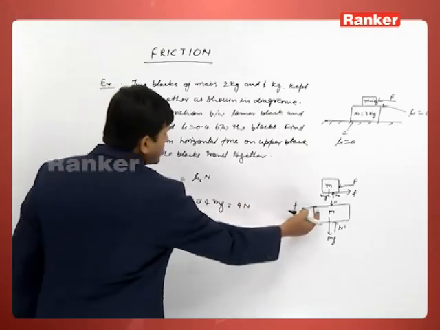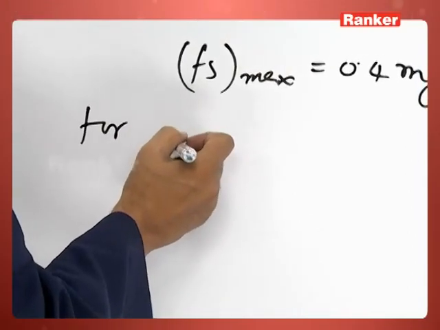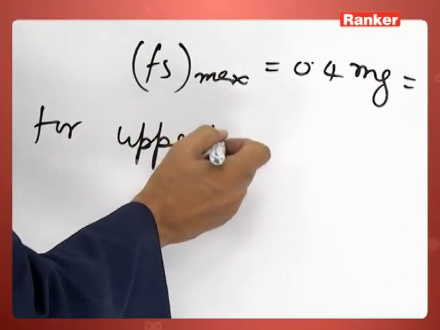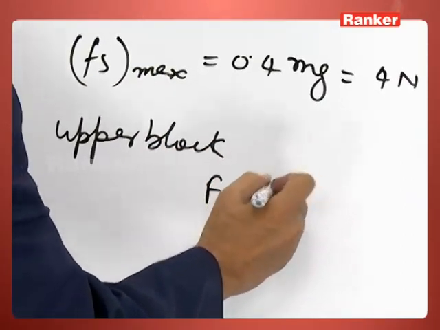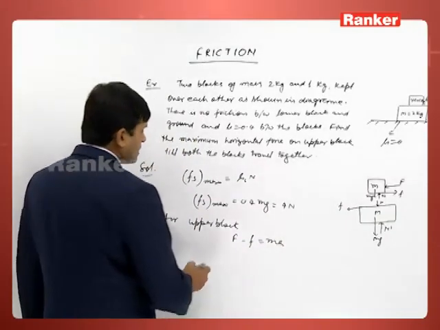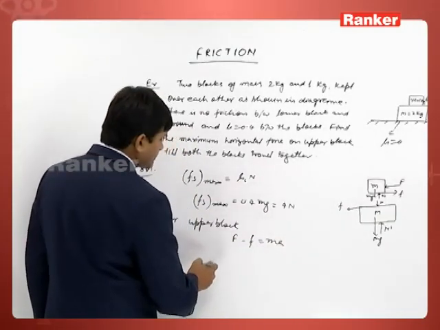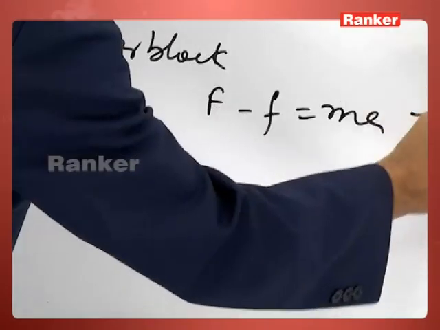Now, for the upper block, F minus f is equal to M into A. This is the first equation.